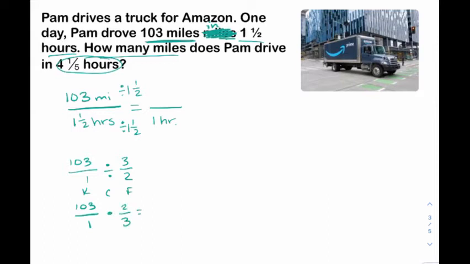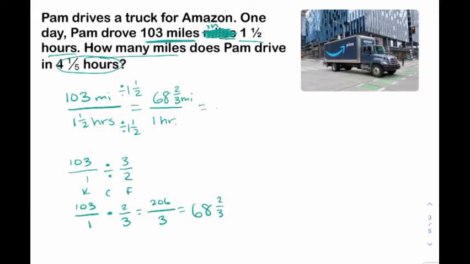Now I can multiply straight across. 103 times 2 is 206, and 1 times 3 is 3. Now I'm going to simplify. So 3 goes into 206 68 times, and there are 2 pieces left over. So I'm going to fill up here that she drove 68 2/3 miles in 1 hour.